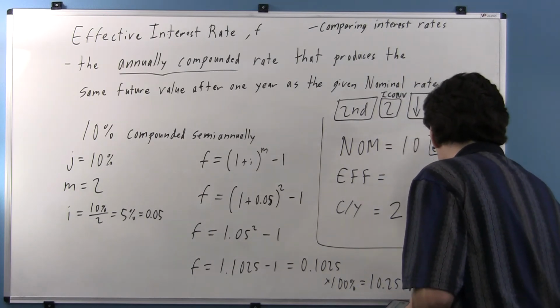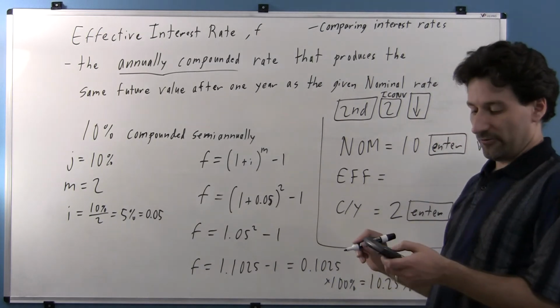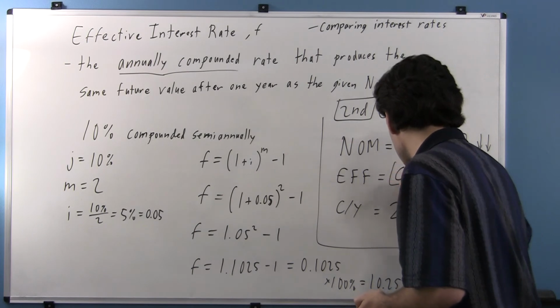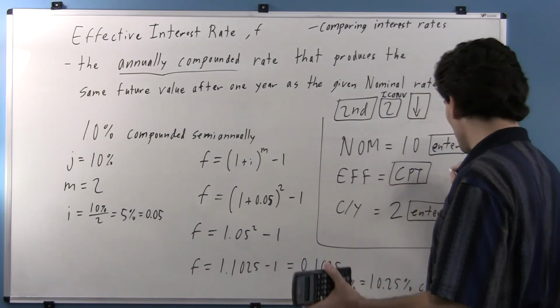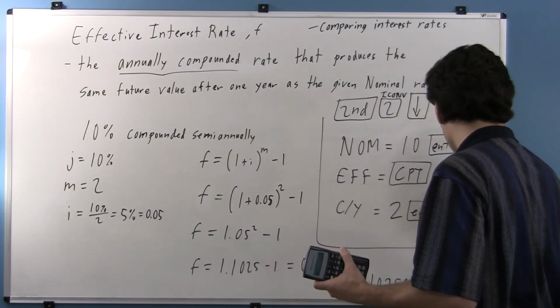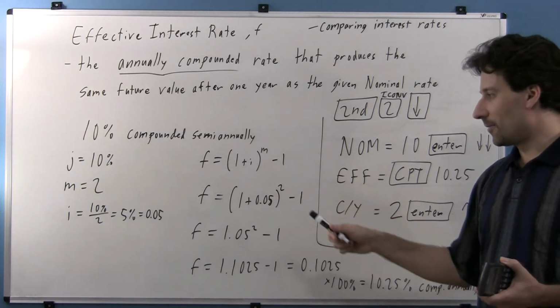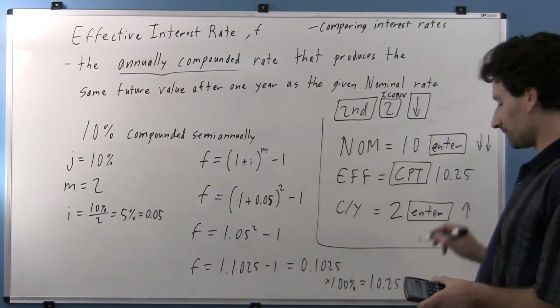then we'll just hit the up arrow once to go back up to effective, and we will hit the compute key. And voila, 10.25. No worrying about periodic rates or anything like that.